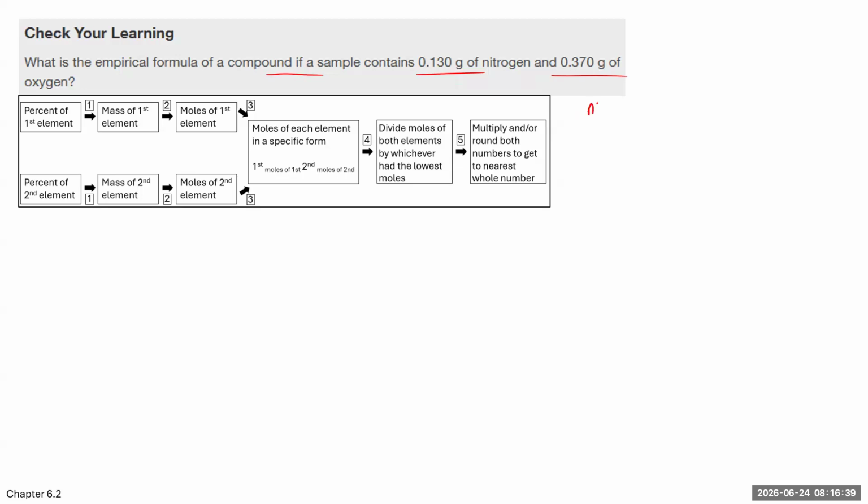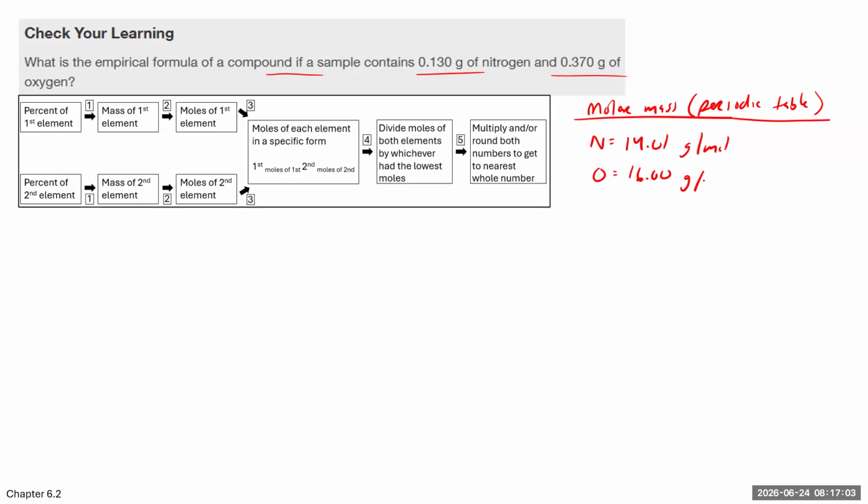So, molar mass from the periodic table, right? Nitrogen is 14.01 grams per mole. Oxygen is 16.00 grams per mole.